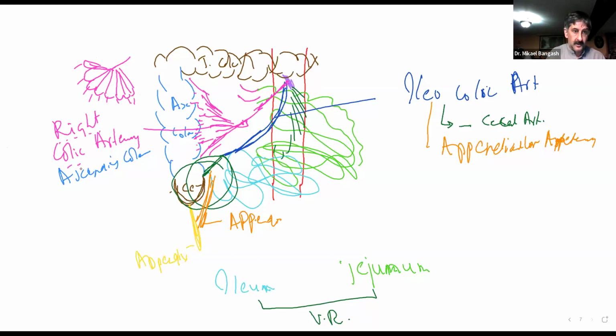Now, slightly superior to that is going to be what we'll call the middle colic artery.